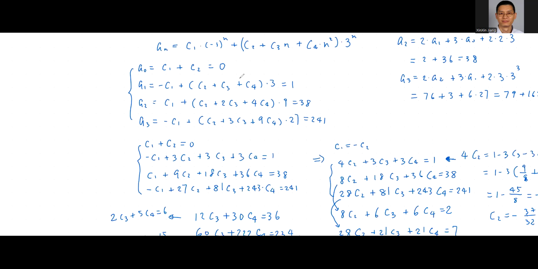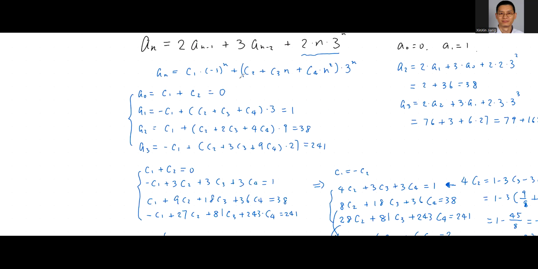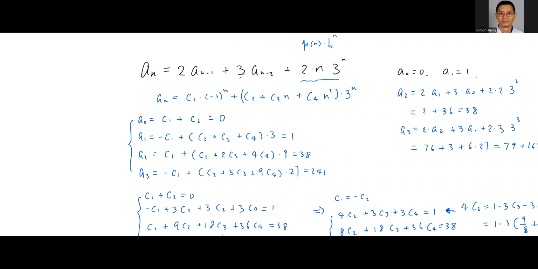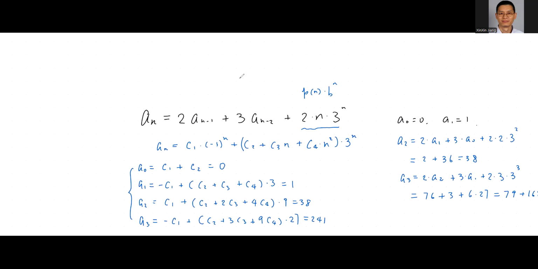But sometimes the system of equations is big, and normally they will give you initial values that are only necessary to solve the recurrence relation.